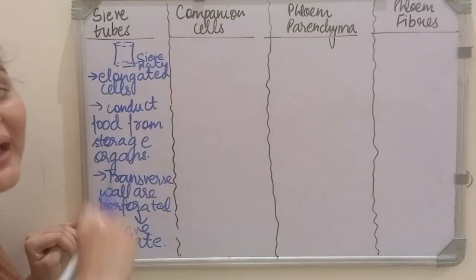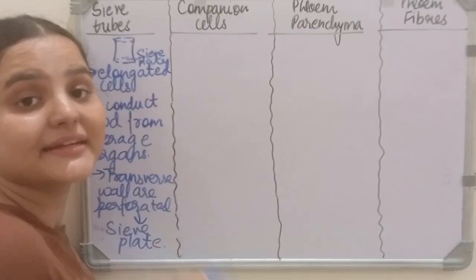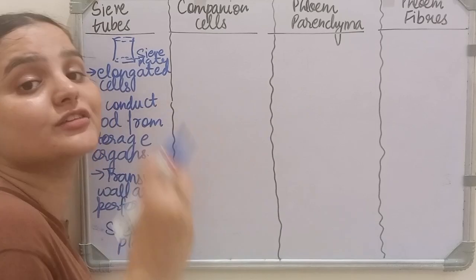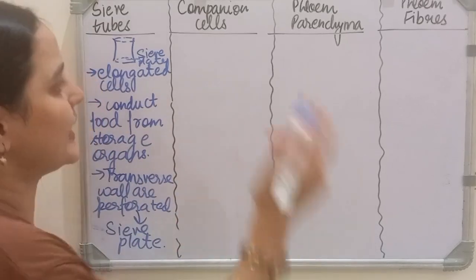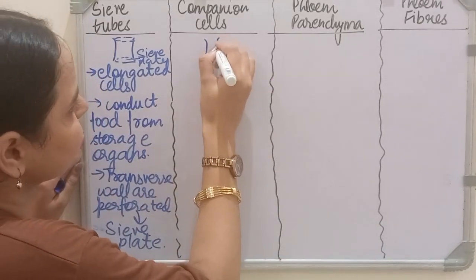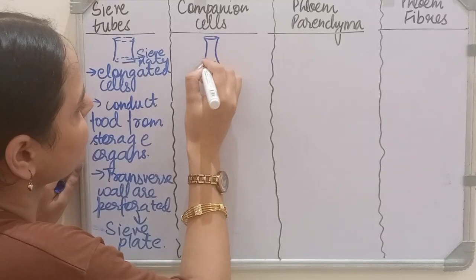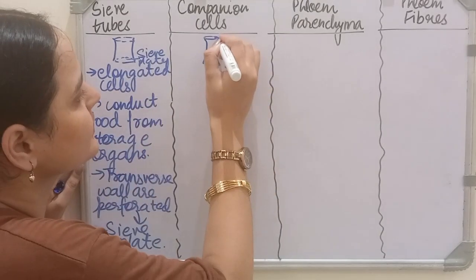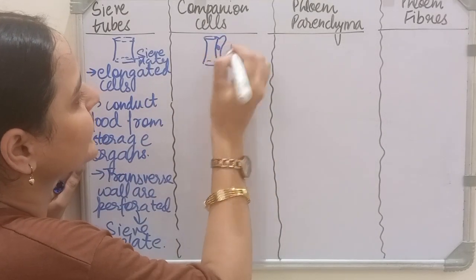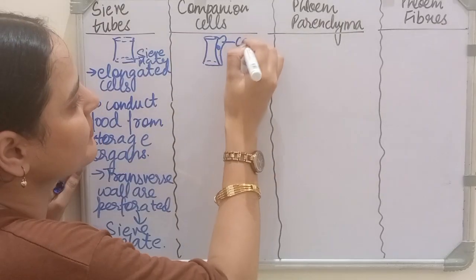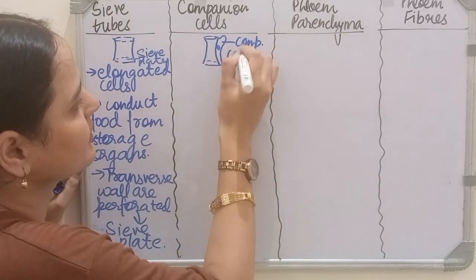Okay, now let's see companion cells. The companion cells are closely associated with the sieve tube element. Suppose this is the sieve tube element, and with it the companion cells are associated. This is the companion cell.